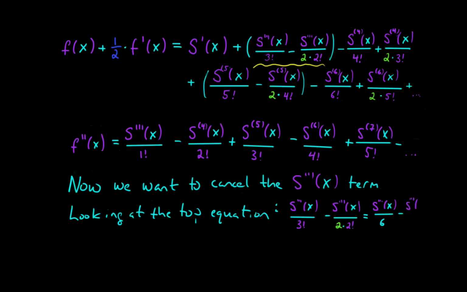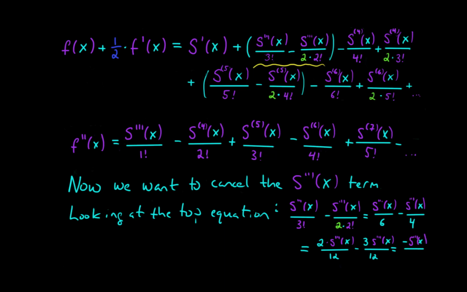So that would be s triple prime of x over 4. So the common denominator here is 12. So I have 2 times s triple prime of x over 12 minus 3 times s triple prime of x over 12. And so we find that this quantity is equal to negative s triple prime of x over 12.